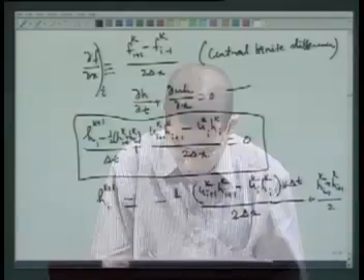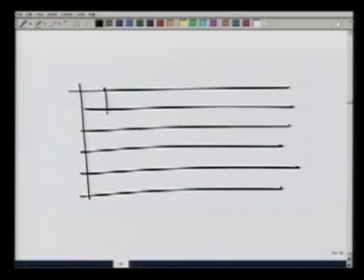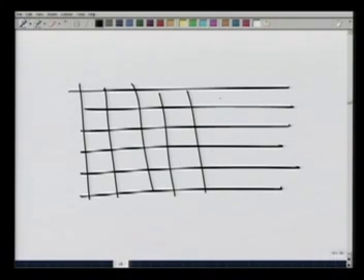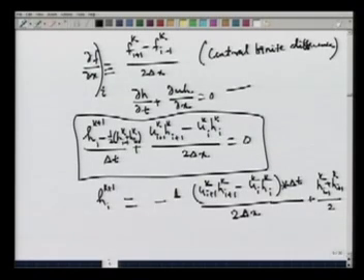When I say all the I values, if I draw the grid, okay, this is I and this is k, and if you relook at the expression we wrote there, it involves I plus 1 and I minus 1.